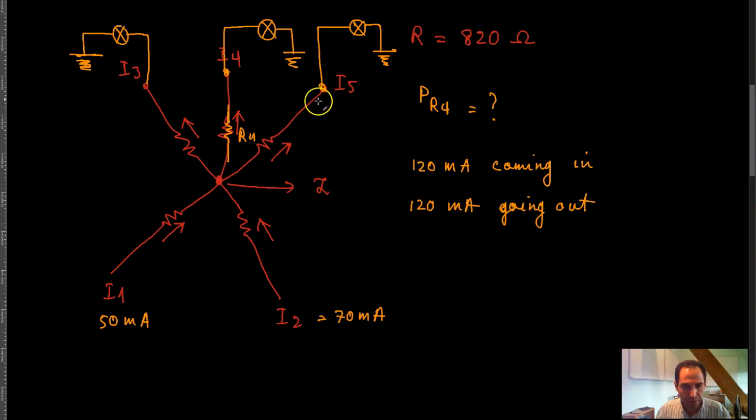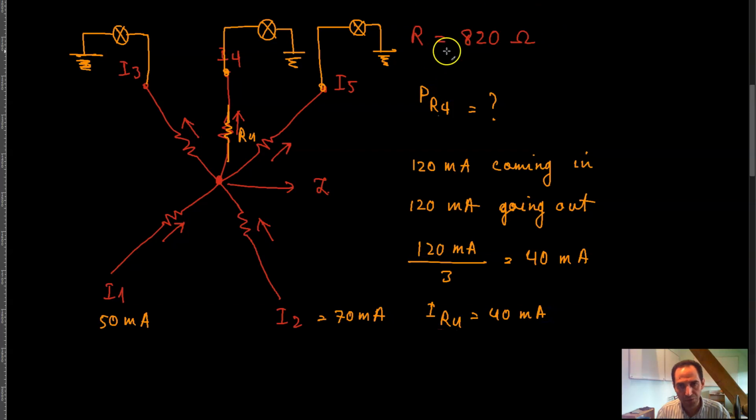Now, we said that since these light bulbs have the exact same wattages, the 120 milliamps going out is going to be divided exactly equally between the 3 branches, which means that each of the branches gets 120 milliamp divided by 3, which is equal to 40 milliamp, right? So that means that the current going through this resistor is 40 milliamp, meaning that I of R4 is equal to 40 milliamp.